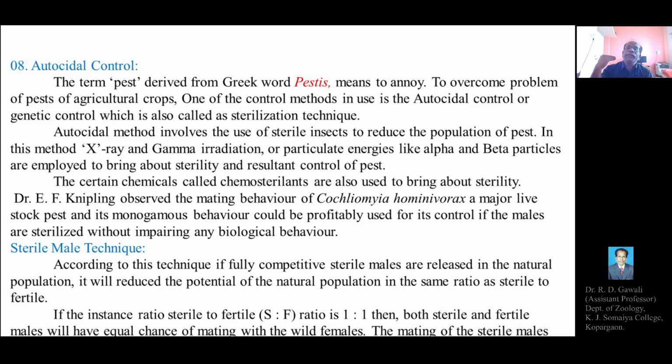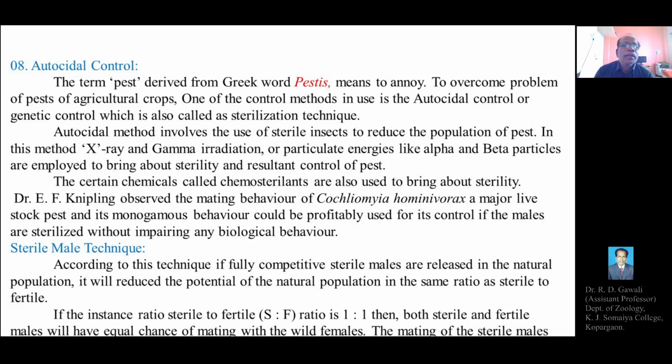For that purpose the pest, that is male members or female members or both sexes, can be exposed to irradiation, that is X-ray, gamma ray, alpha or beta particles, or we can use chemosterilants so as to make the individuals sterile.